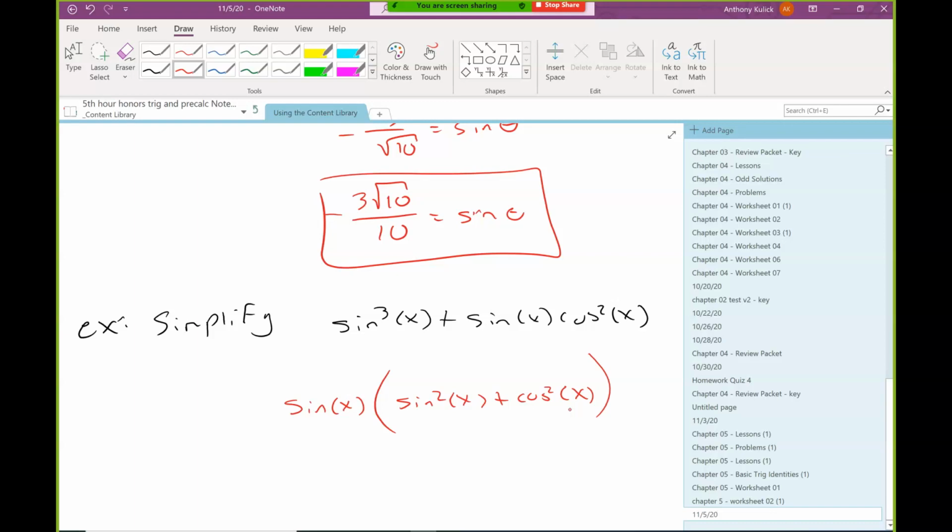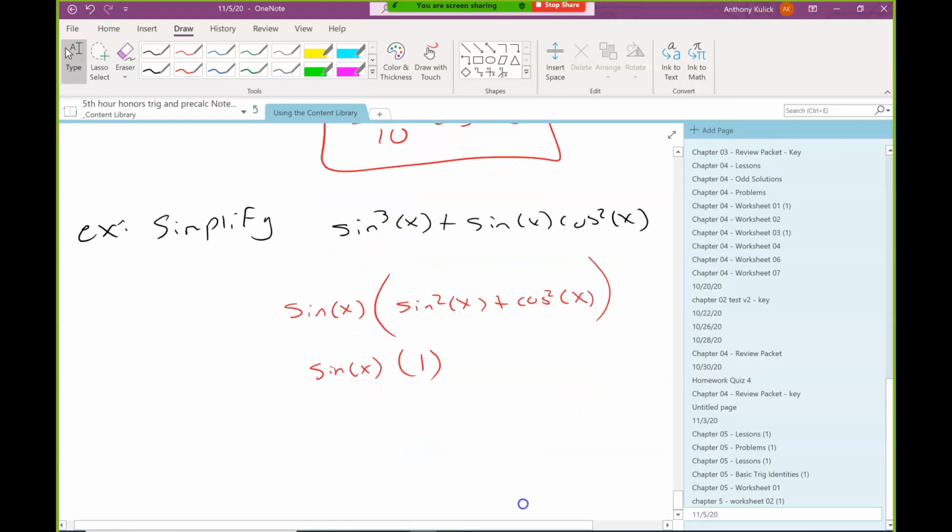And then obviously sine times 1 is just sine, and that's as good as we can do. That's down to a single trig function. We're finished. Is everybody okay with that?